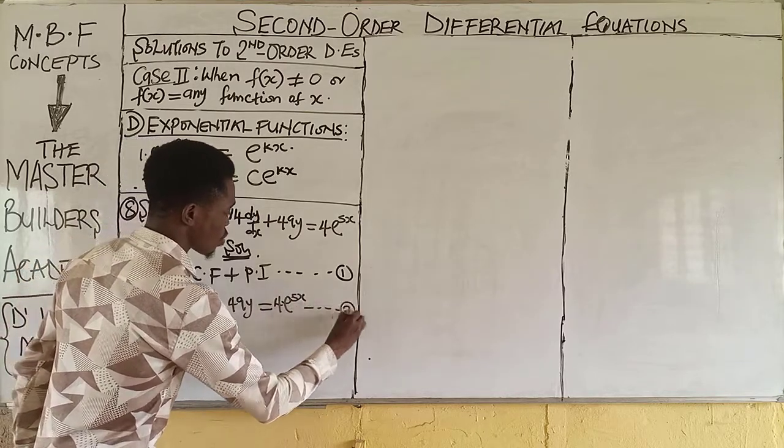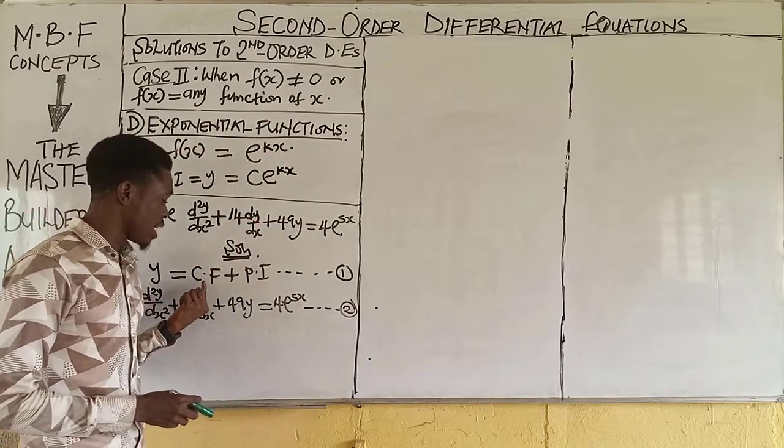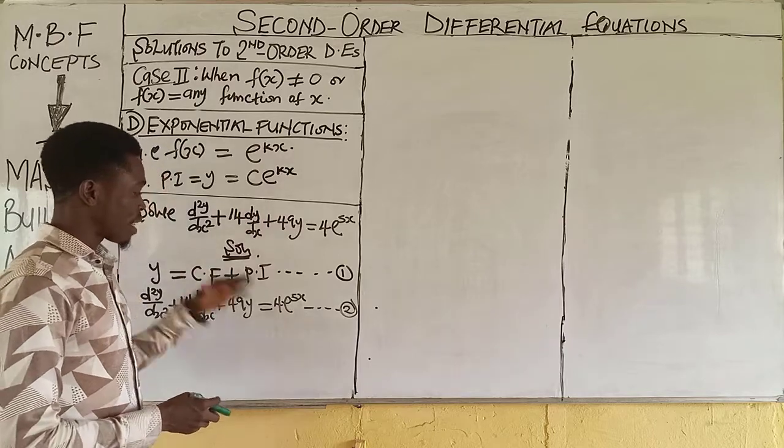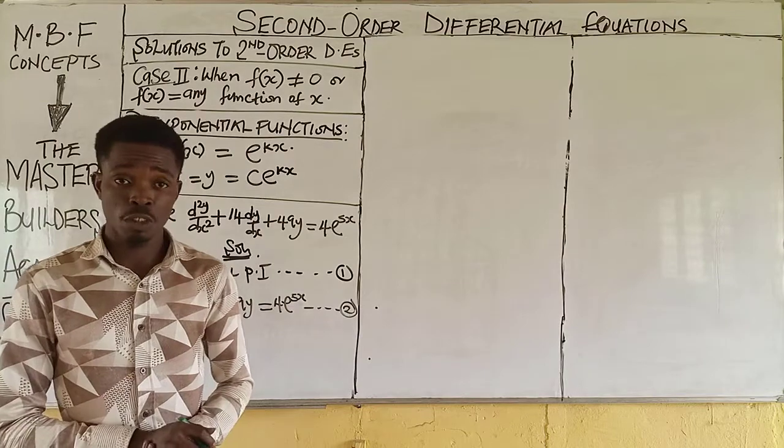Then we will label this as equation 2. Now from equation 1, we know that we are to obtain complementary function and particular integral all from this equation 2, which is the given equation.